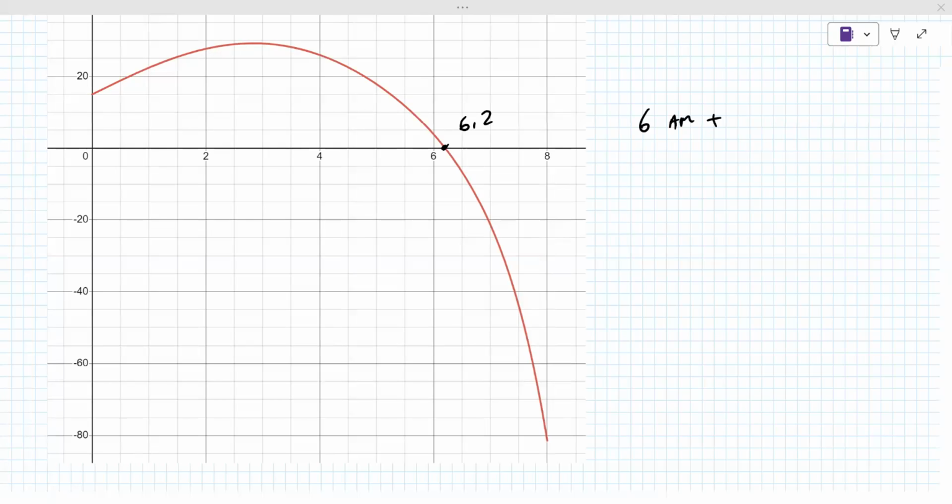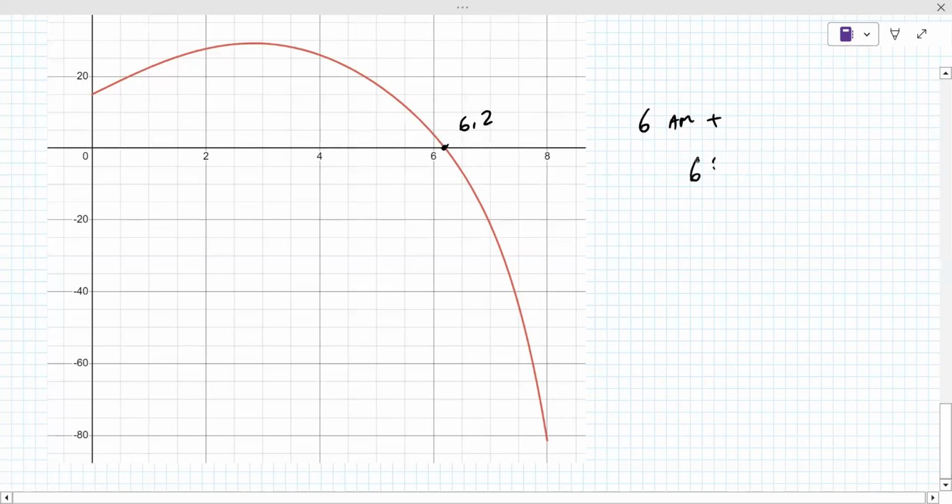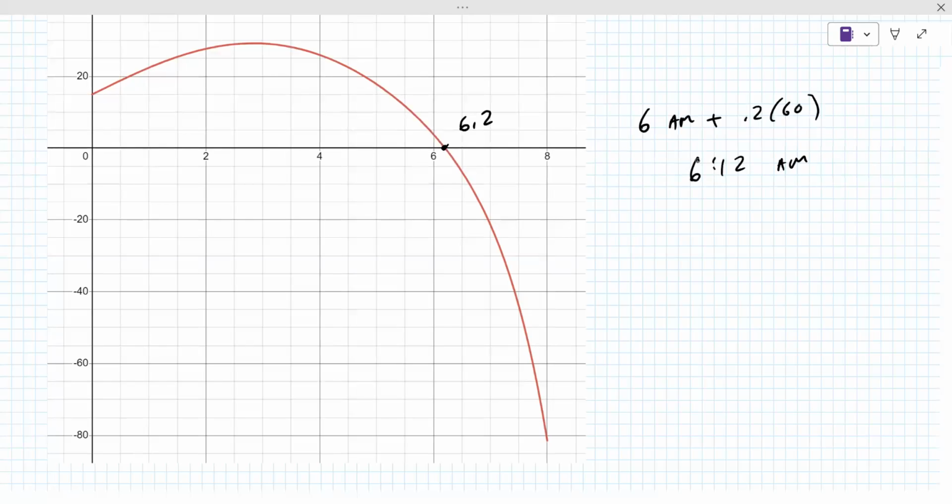I don't know how precise they want you to be, but you want to at least say, okay, 0.2 times 60, 6:12 a.m. Because our time is not base 10, unfortunately.